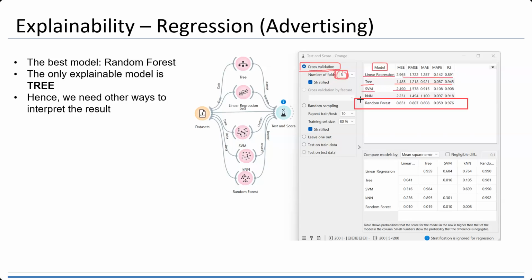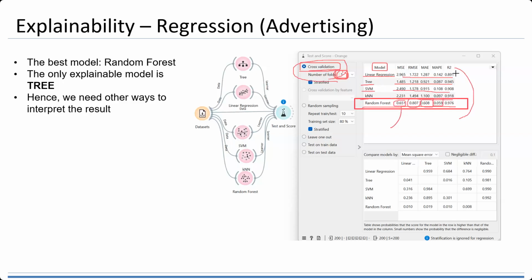The KNN, this is the result. And the random forest, this is the result. So using this cross validation, we got those 5 models, and let's see. RMSE is the lowest. MAE, this is also the lowest. MAPE, this is the lowest.